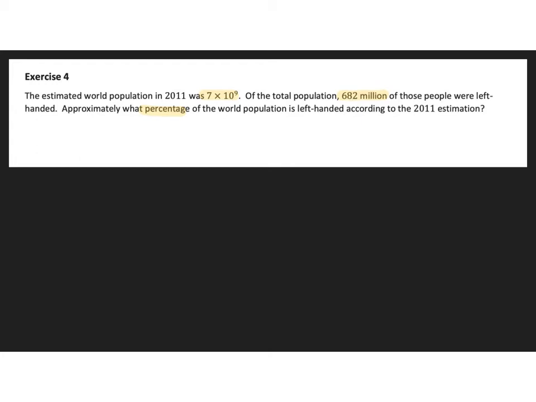So we're finding the percent of left-handed people in the world. So we're doing left-handed out of the total number of people. And we're going to get a number, and then we'll eventually turn that number into a percent. So the first thing I want you to do is fill in the numbers that go in this ratio.